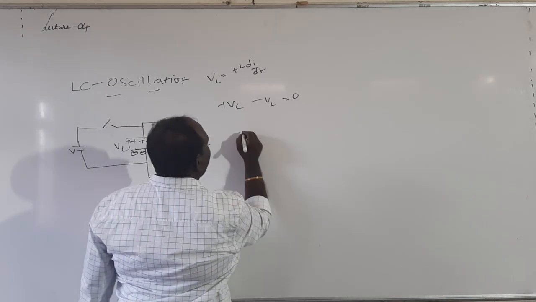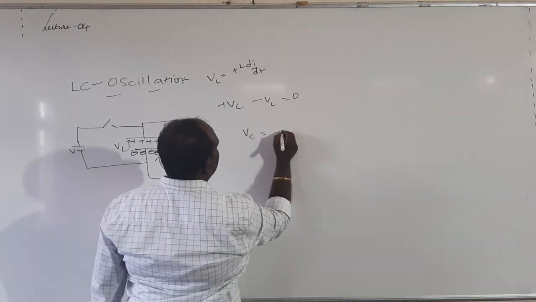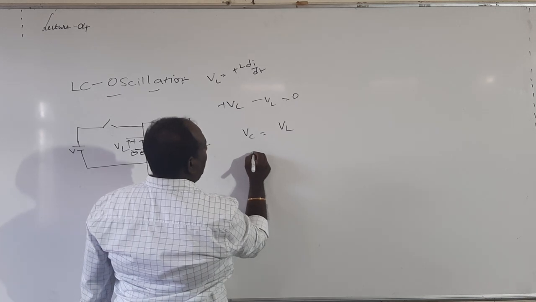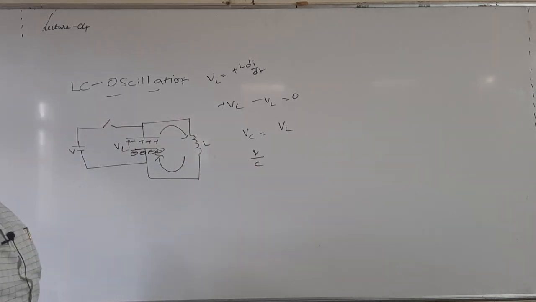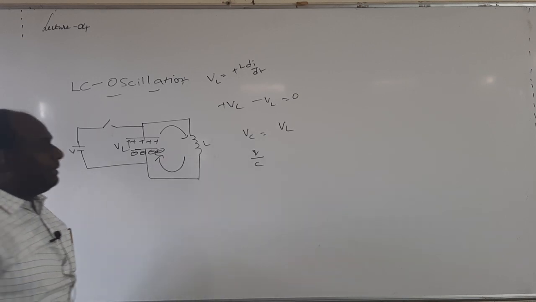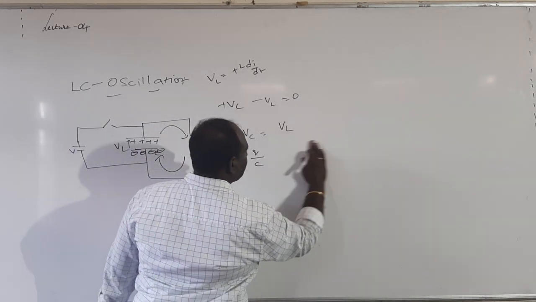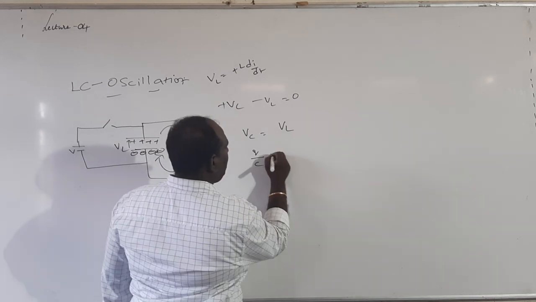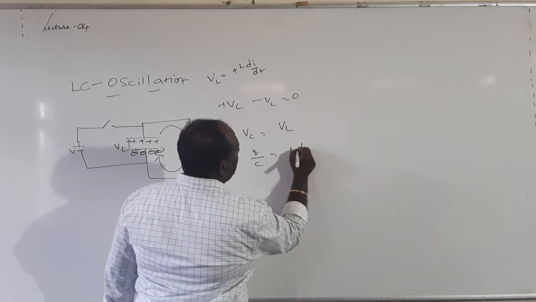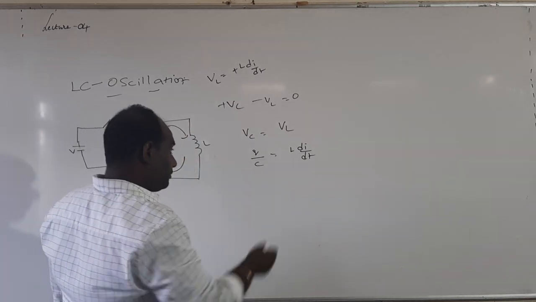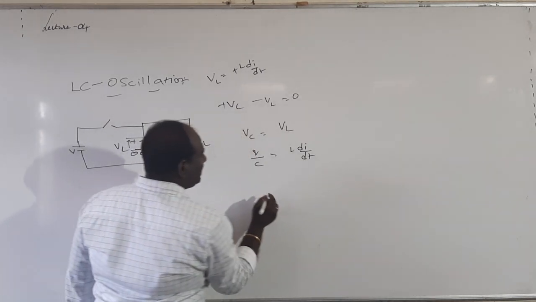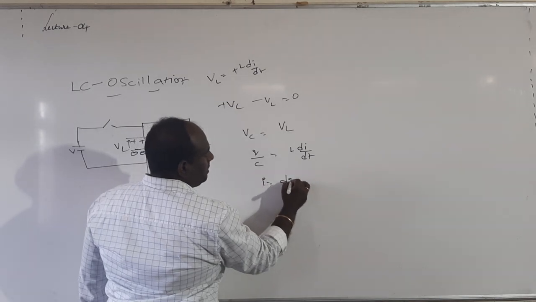Then what will we get? VC is equal to VL. What is VC? Q by C, where Q is the instantaneous charge and Qm is the maximum charge stored in the capacitor. VC equals Q by C, and VL is equal to L into di by dt. Now we have a relation, I is equal to dq by dt.